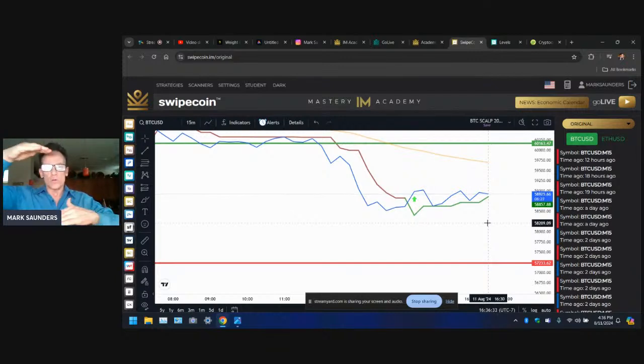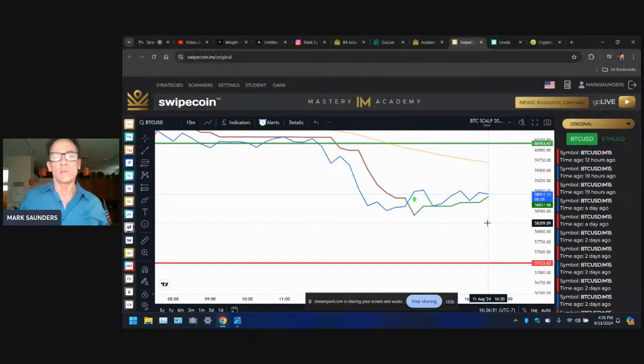We have the green, which is what's called resistance, and the red, which is what's called support. My fault, the green is resistance and the red is going to be support.